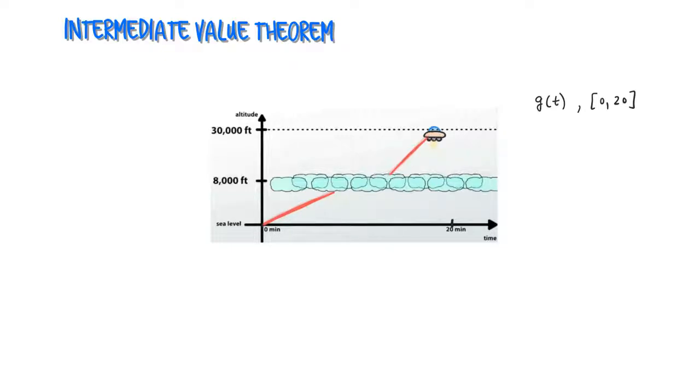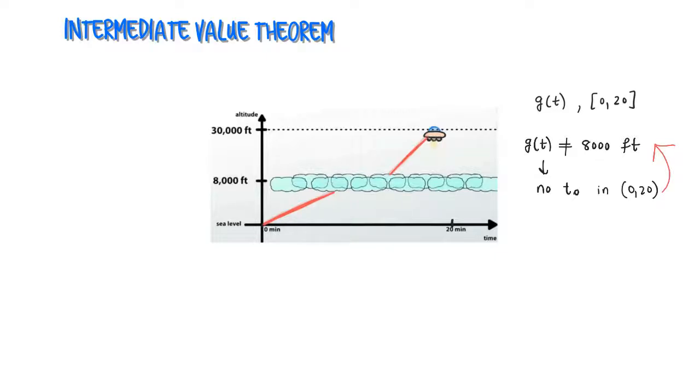All of a sudden, what this path is telling us is that g of t will never equal 8,000 feet. In other words, there is no t sub 0, like in the previous case, in the interval from 0 to 20, such that this is true.